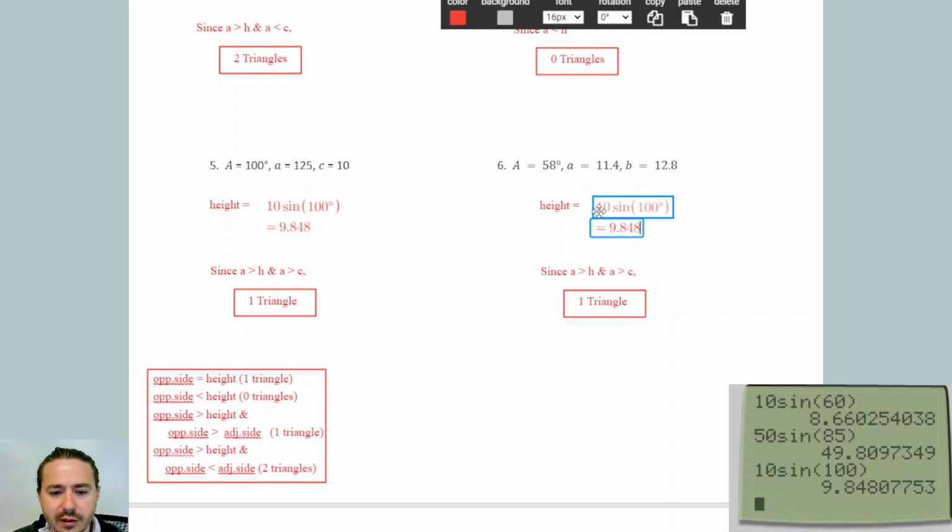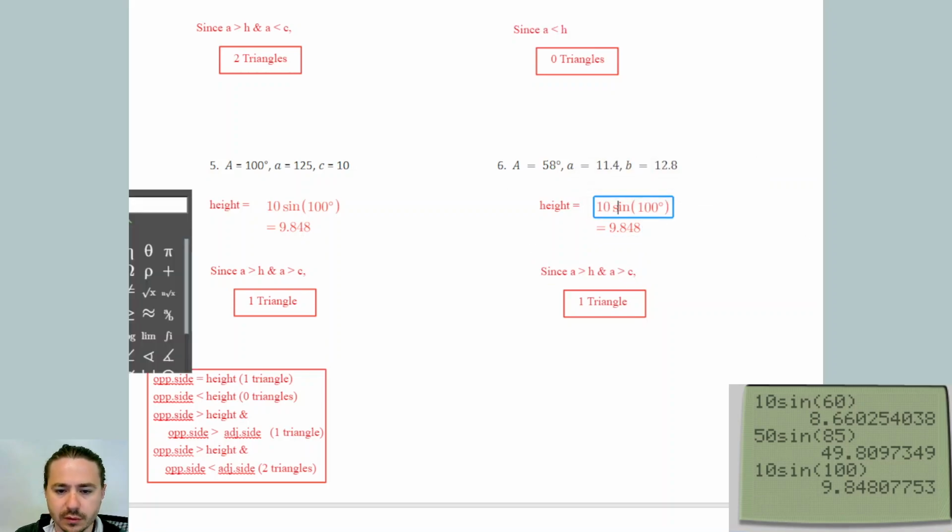So in this case, the height is going to be 12.8 times the sine of 58. We'll put that in our calculator. All right, we get 10.855.